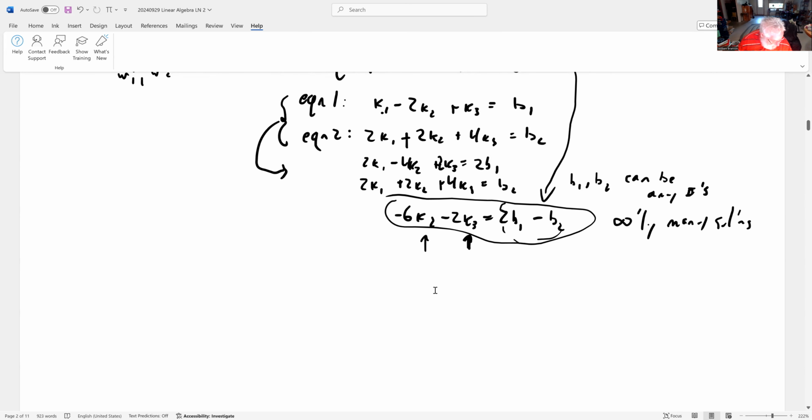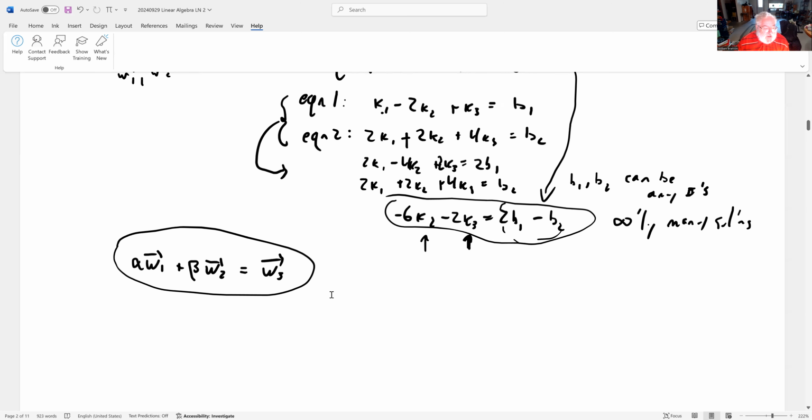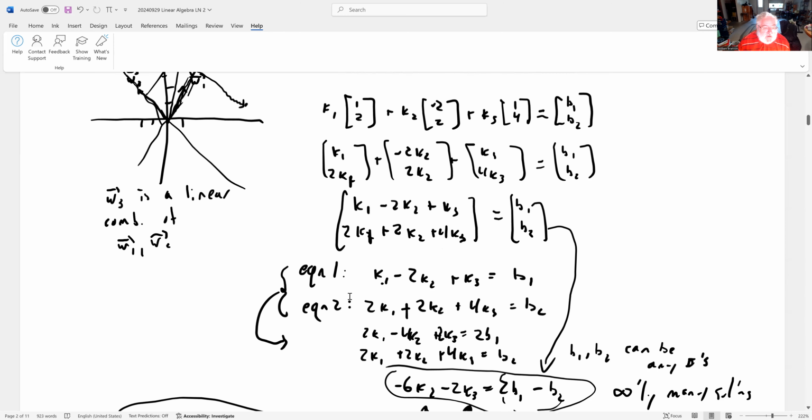And in fact, we can ask ourselves, what is the relationship between W1 and W2 and W3? W3 is in the span of W1 and W2, which means there must be a solution to this equation with alpha and beta not equal to 0.